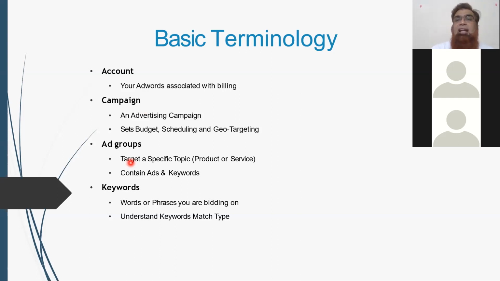Whether it's a banner or text, it will be displayed based on keywords. So you have to insert the keywords, whatever keyword selection we have done in the past. Once you insert them over there, our campaign can be created.